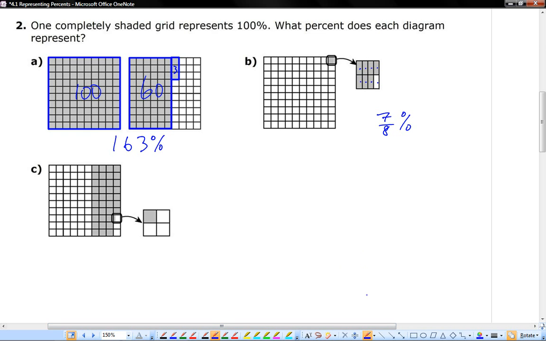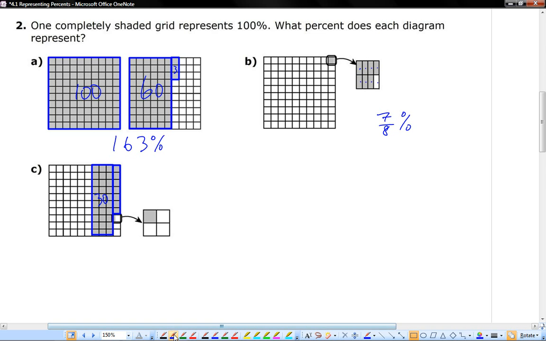Another one here in part C, you can see that we've got 10, 20, 30. So there we've got 30%. Then we've got another, let's see how many more. 1, 2, 3, 4, 5, 6, 7.